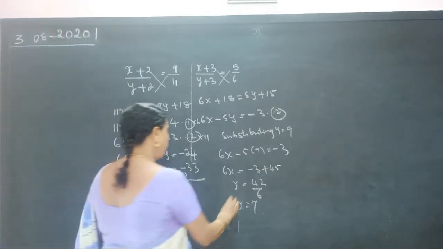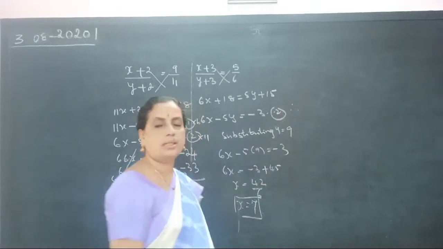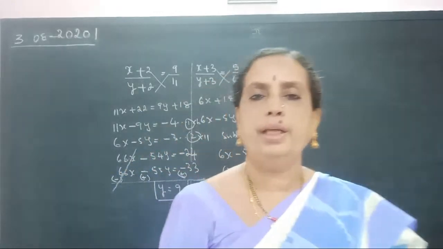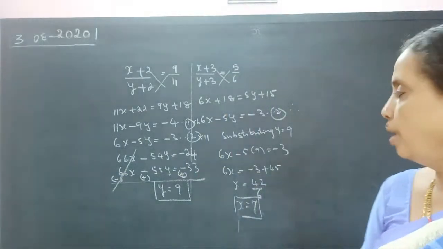Getting x and y, then you write, therefore, the final answer you have to conclude. Therefore, the required fraction is 7 upon 9.